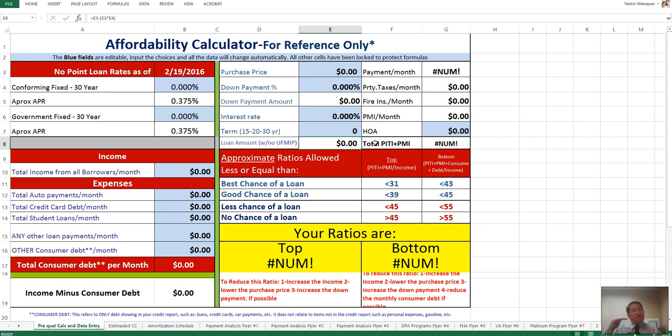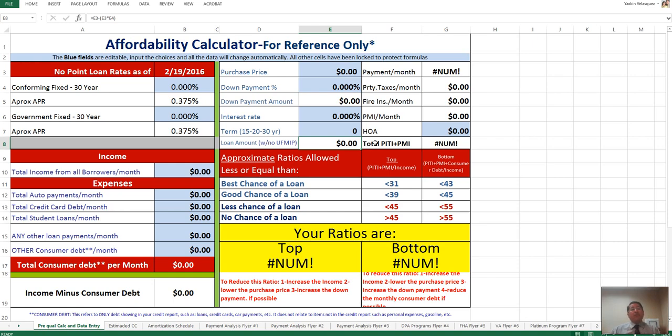But if you go to 45 and 55, you're right at that borderline, so if anything happens, such as your fire insurance policy being higher than expected, or flood insurance being added to your monthly payment, you will go over that limit and you no longer qualify. So you have to be very conservative with these numbers, okay? So that's the first part.